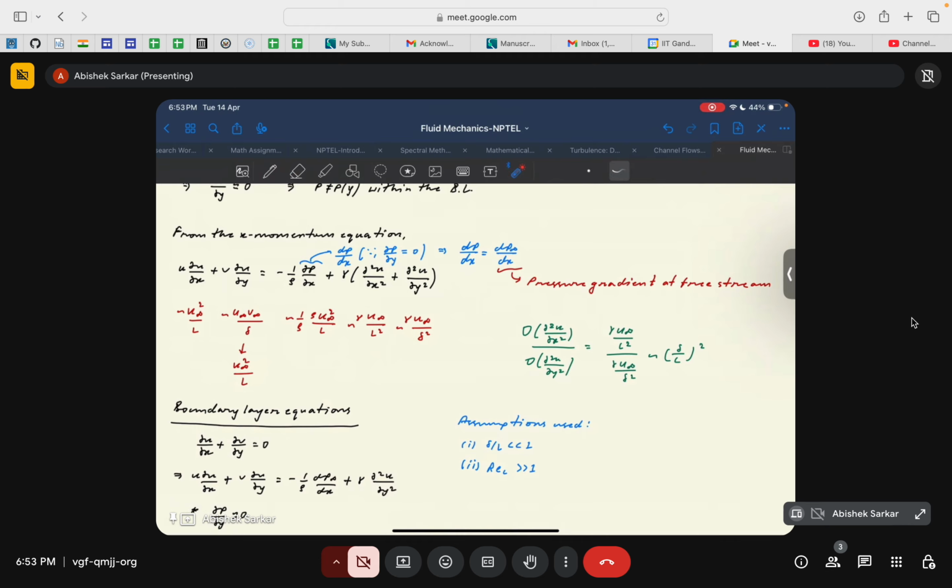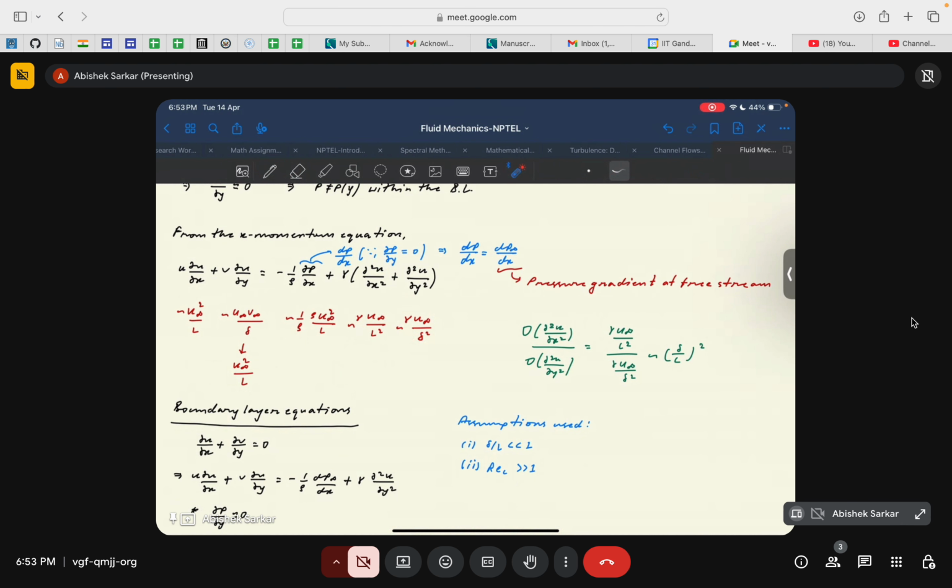That is why, if you do the scaling and also try to understand intuitively, you cannot cancel out these terms. So the inertia terms, the pressure gradient term, and the velocity gradient along the y direction will exist in the x momentum equation, and only the velocity gradient along the x direction can be cancelled out.